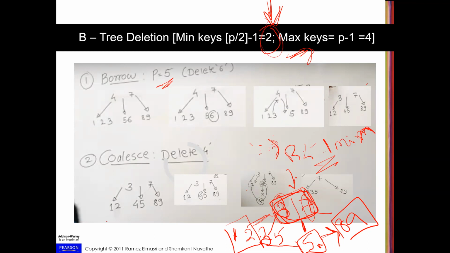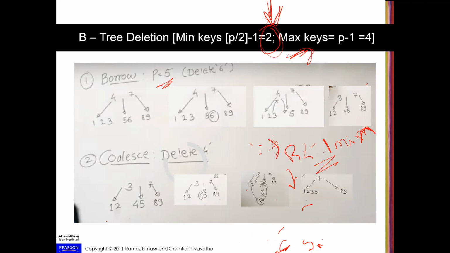So we are following the rule. That's why we have to bring down 3 into the left node. And then it is 1, 2, 3, and 5, and the root is 7. We are following the properties of the B tree and we are deleting it by readjusting.